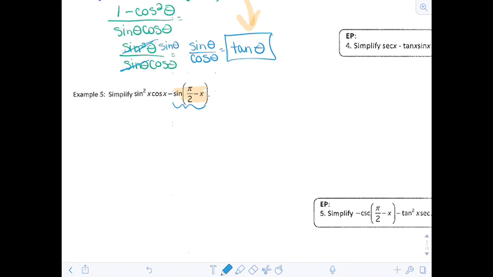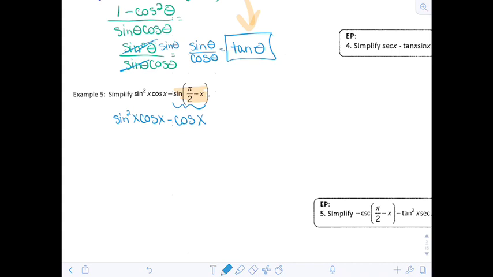So here's what I have: sine squared of x times cosine of x minus cosine of x.